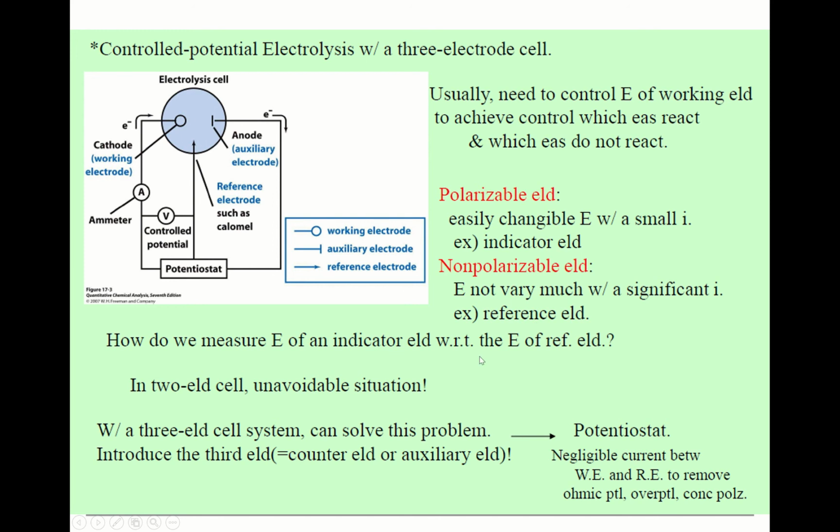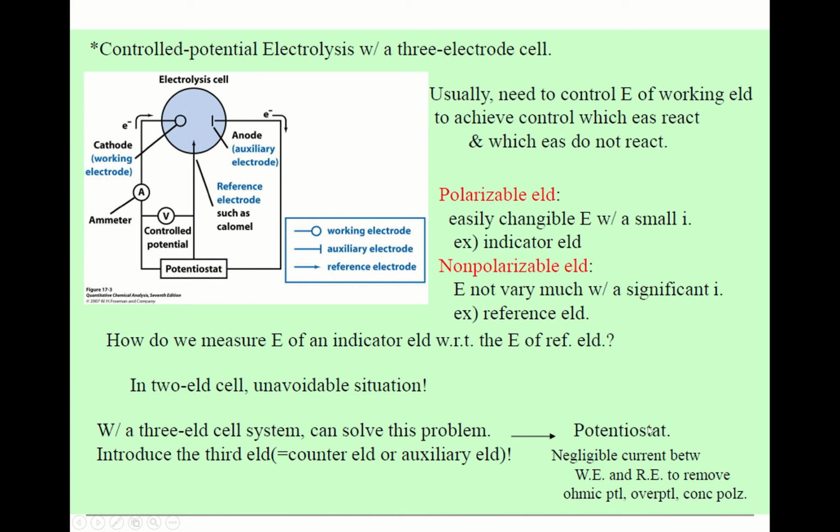How do we measure the potential of an indicator electrode with respect to the reference electrode? Using this potentiostat, it is possible. A three electrode cell system can solve this problem, the voltage change problem.